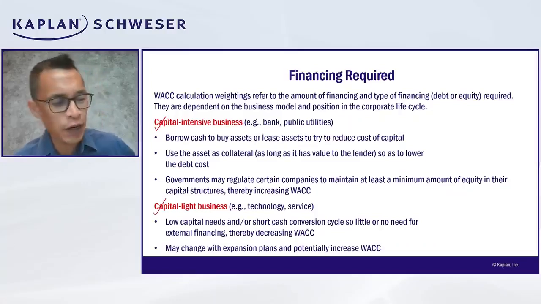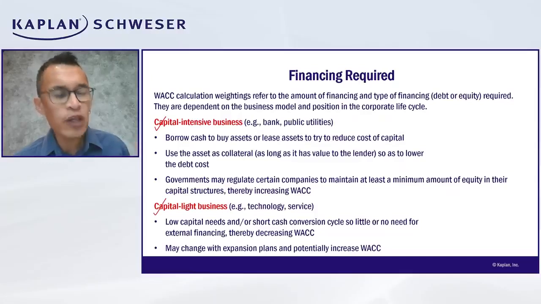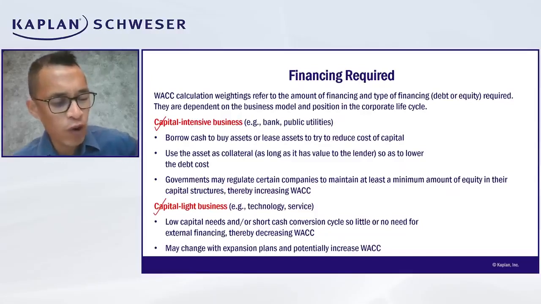Okay, and I think that should be fairly intuitive here based on the examples that I provided here. If we start with a capital intensive business such as a bank, there are some common methods, of course, to reduce the financing costs, right? But regulations beyond the firm's control may partially or fully offset the savings in financing costs. So the financing costs here, they said, are listed in the bullets.